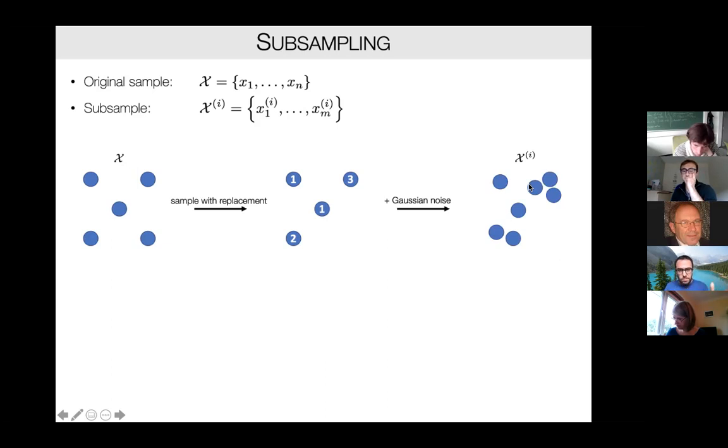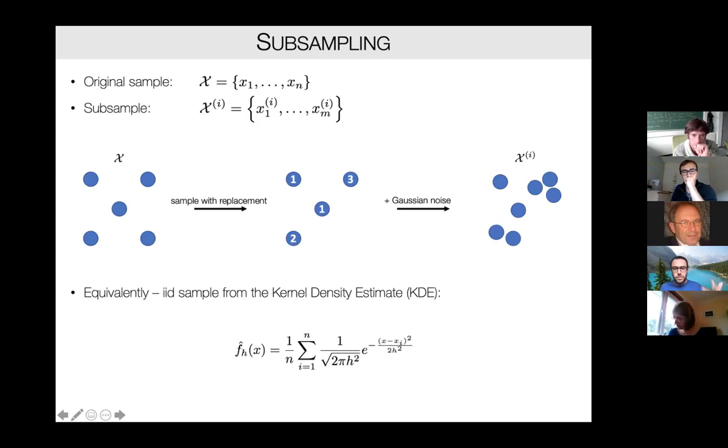It's still some kind of subsampling, but with a little bit of perturbation. Alternatively, one can think of that as sampling from the kernel density estimate, where you take the points, compute the kernel density estimate for the Gaussian kernel, and sample from this distribution, which we call F hat. The same result. So this is our subsampling.